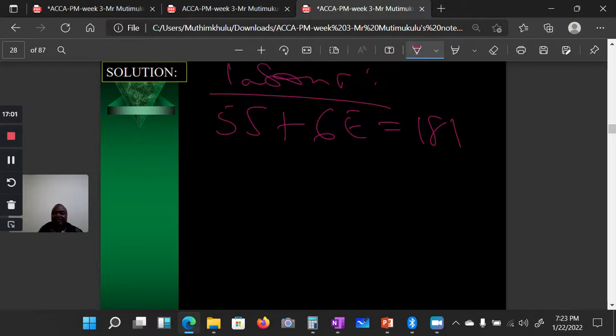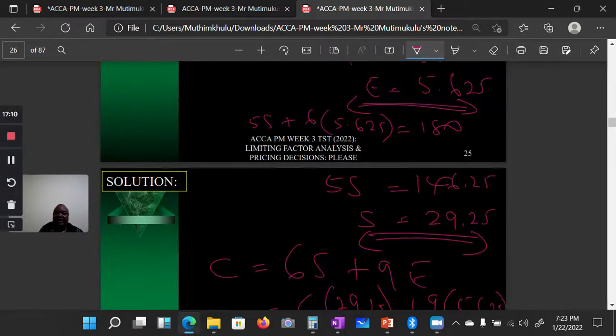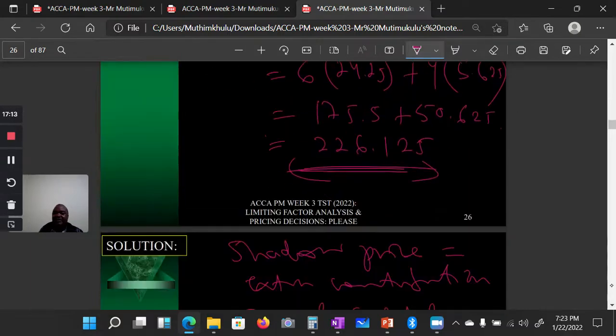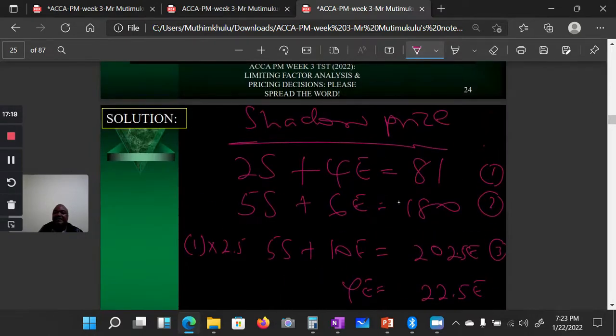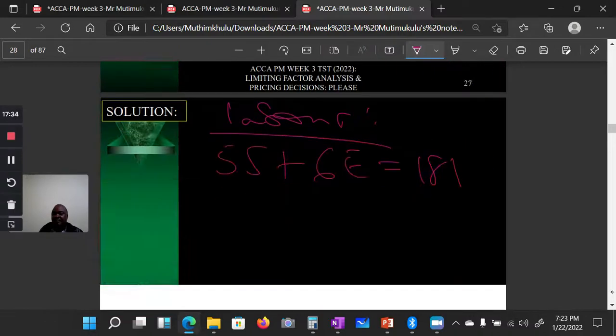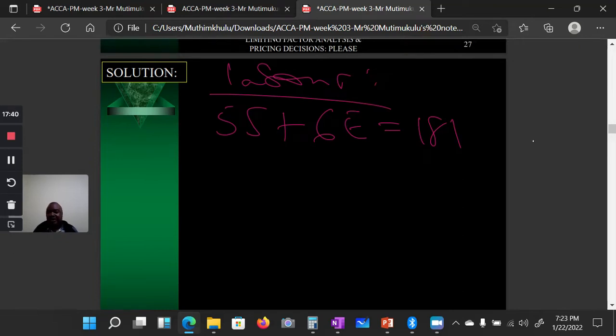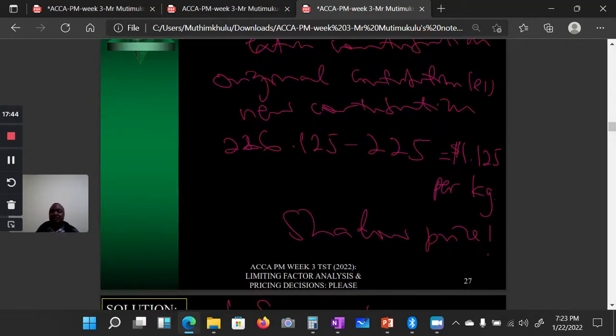Then you just do what we did with the materials. Using the material as the constraint, we had changed this by adding a 1 from 80 to 81. So you can just do the same, solve the simultaneous equations, and obtain the shadow price.